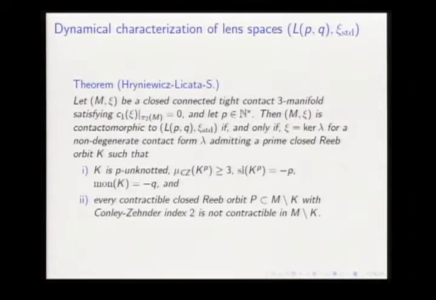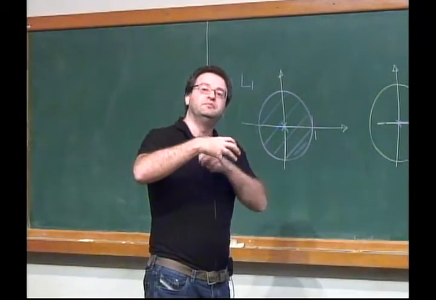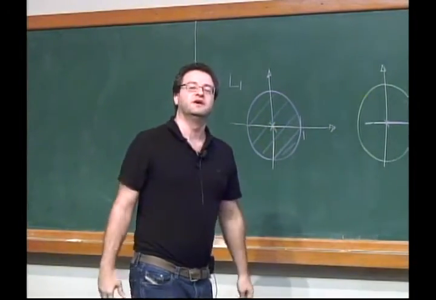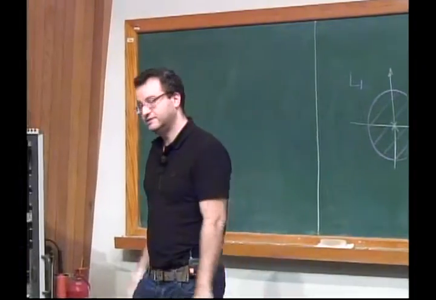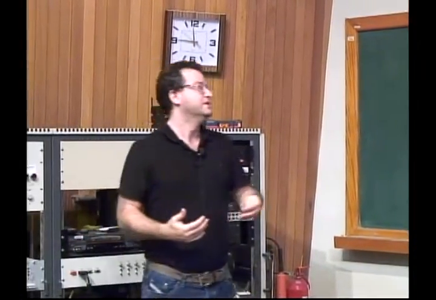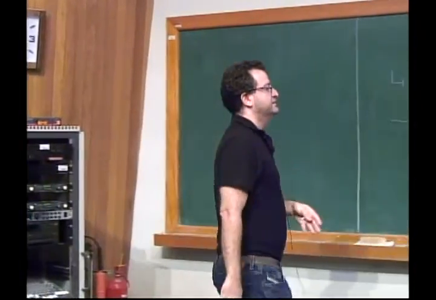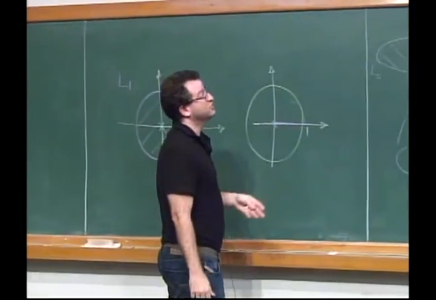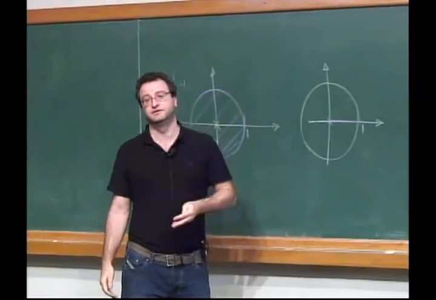The theorem is the following. We want to do something very similar to that theorem of Hofer, Wysocki, and Zehnder, and we assume the existence of this P-unknot. We want to prove that under some assumptions, our contact manifold must be exactly the lens space L(p,q) with the standard contact structure.